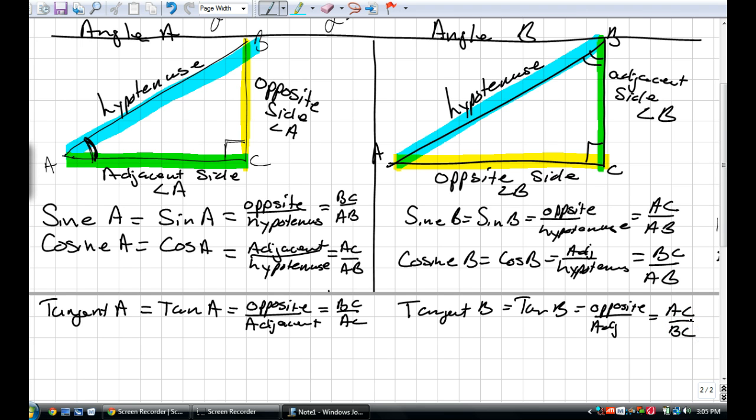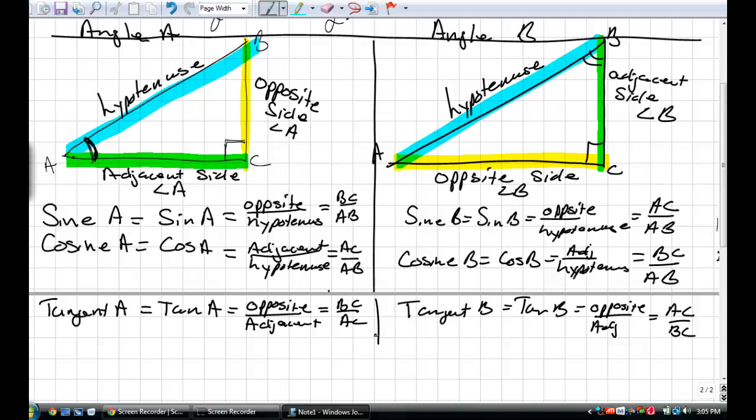Now look at the two columns here and see if you can see any relationships. Anything that looks the same? Notice that the sine of A, which is BC over AB, is equal to the cosine of B, which is BC over AB.